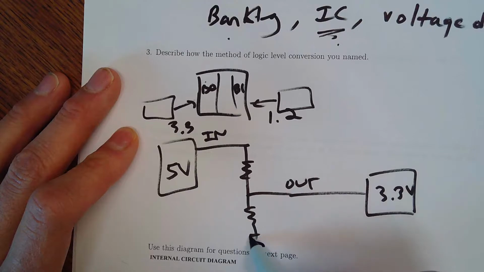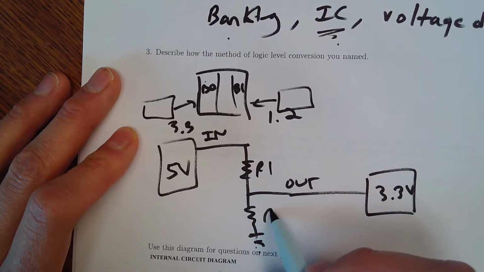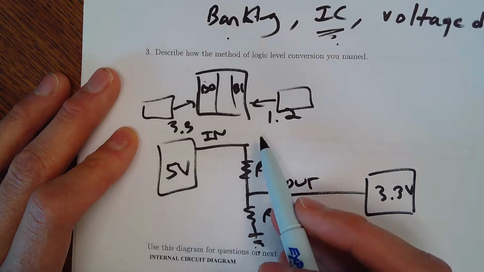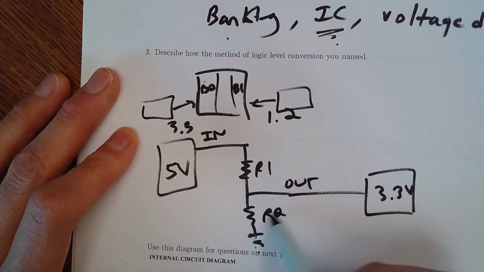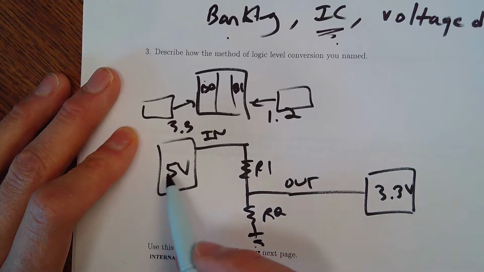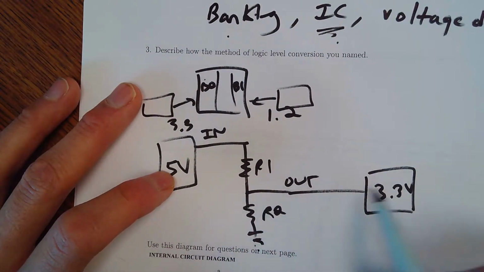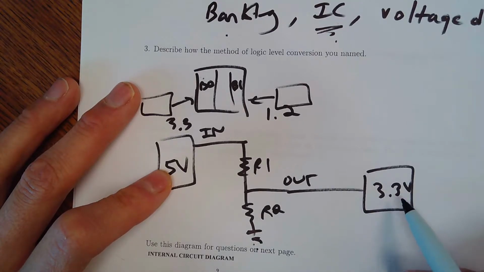If you set the voltage divider up correctly with R1 and R2, when it's 5 volts out from this side, you can voltage divide it down to 3.3, so the system sees 3.3 volts on this side. This is a 3.3 volt system.